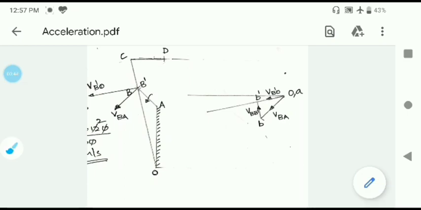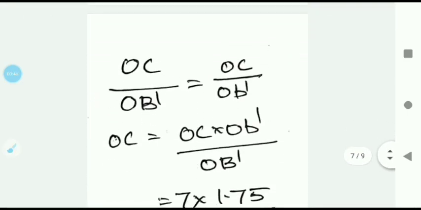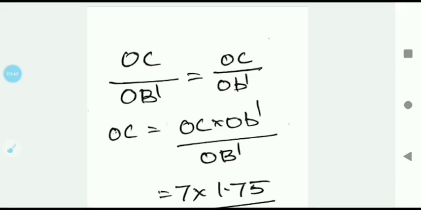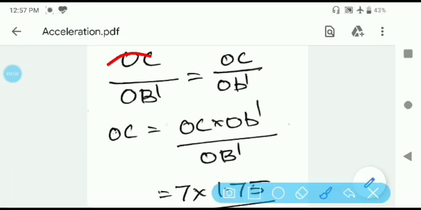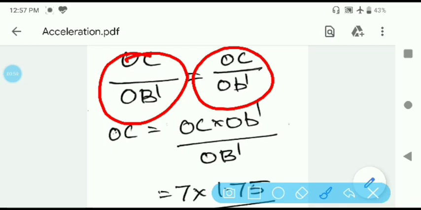For that I will just make a calculation. This is not a formula, you can take it in any way you want. On the left hand side you have the dimensions from the mechanism, and on the right hand side you have the dimensions from the velocity diagram. The only thing is that when you write this equation, there should be only one unknown.